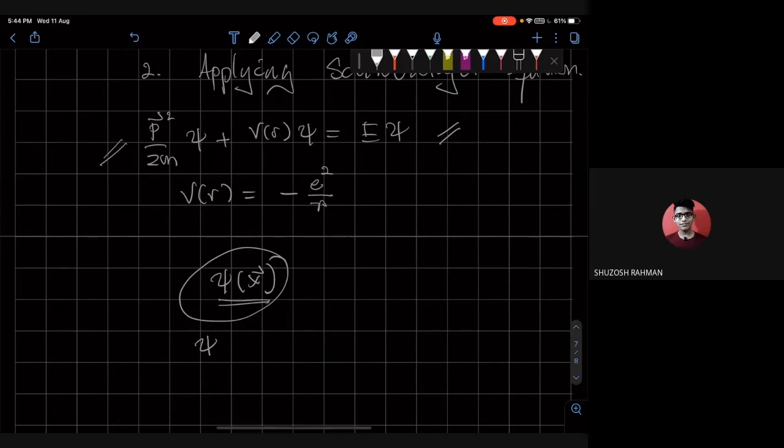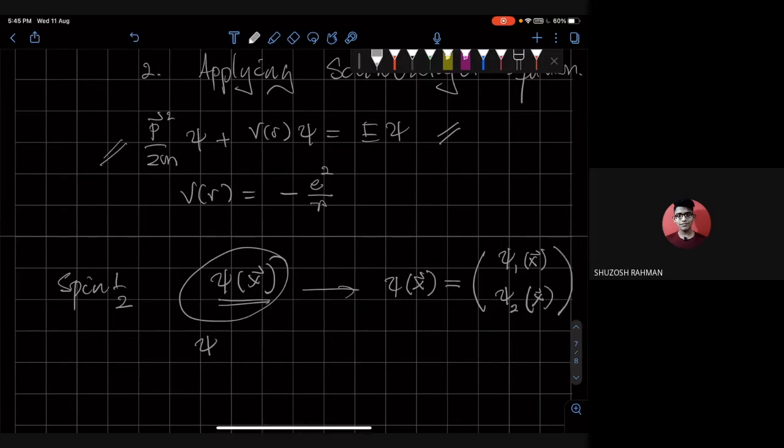So if we have a spin half particle, we need to replace this by a spin vector, a two-dimensional wave function. That's not what we are saying, that this is just an ordinary wave function.